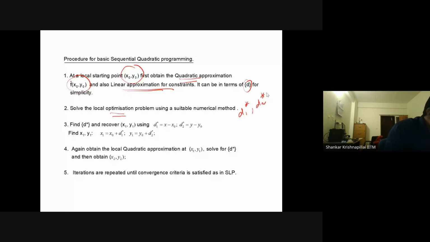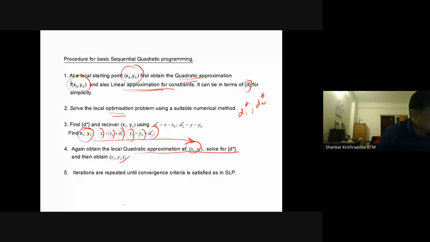Then you can recover x1 and y1: d1 star plus x0 is x1, and d2 star plus y0 is y1. Then again obtain the local quadratic approximation at x1, y1, solve for d1 star, d2 star, and get x2, y2. These iterations are repeated until the convergence criteria is satisfied.